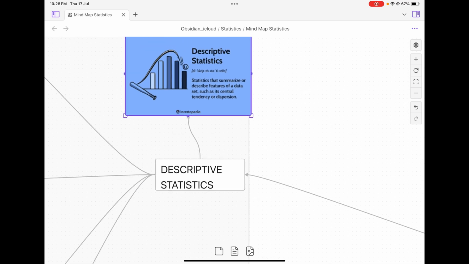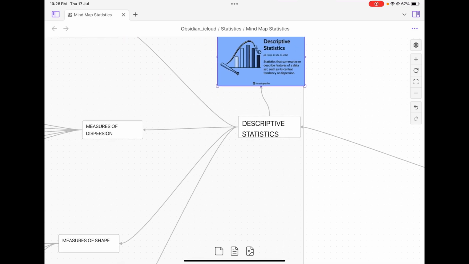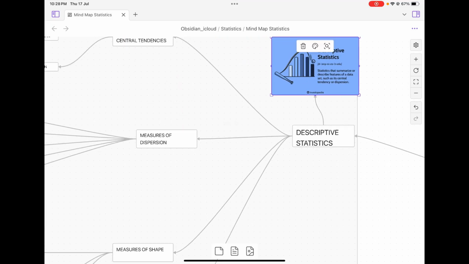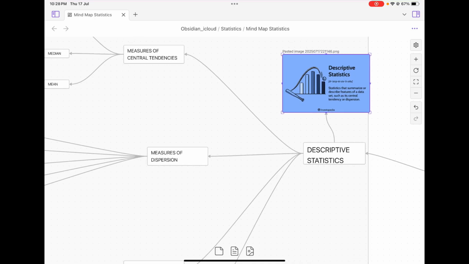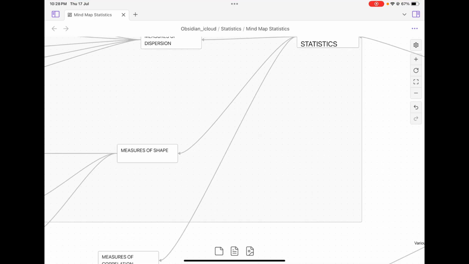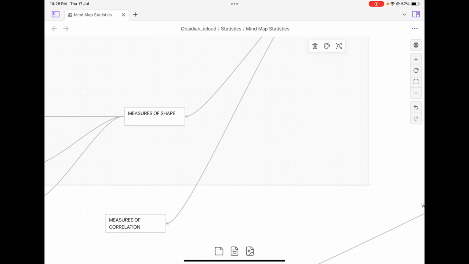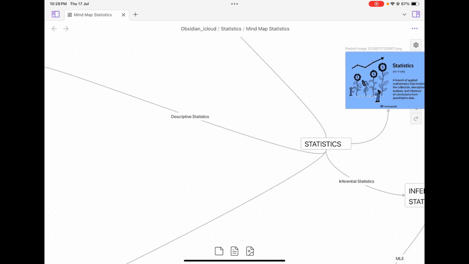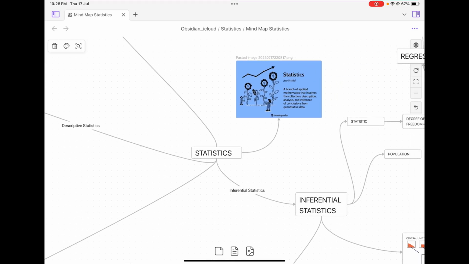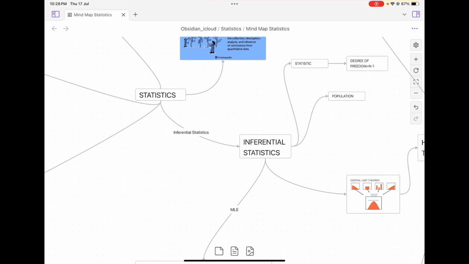Now I will explain what we are going to study. In descriptive statistics, we will learn about various measures of central tendency, measures of dispersion, measures of shape, measures of correlation, etc. After descriptive statistics, we will move to inferential statistics.